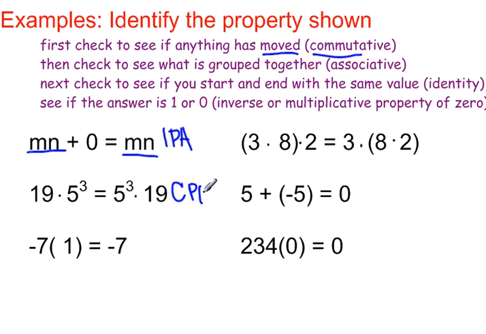That's multiplying, so it must be commutative property of multiplication. Let's go to this one down here. 234 times 0 equals 0. Well, that's going to be that multiplication property of 0. And I'd like you to go ahead and try those final 3 problems, have those answers on your notes.